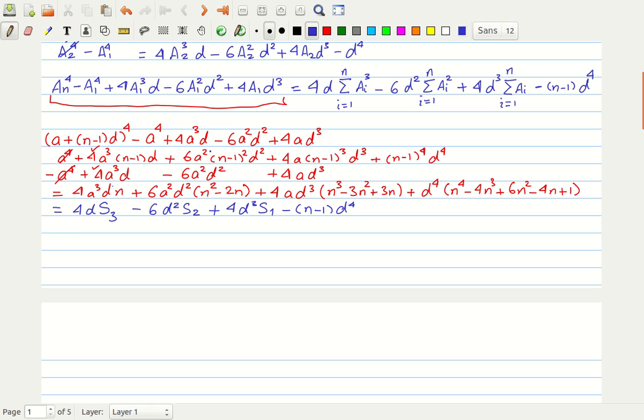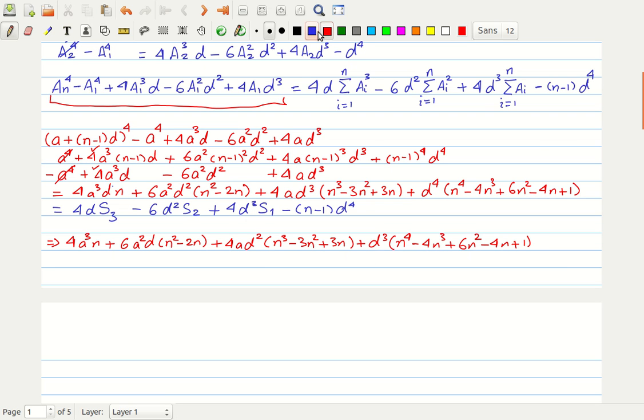So this implies that 4a cube n plus 6a square d times n square minus 2n plus 4a d square times n cube minus 3n square plus 3n plus d cube times n to the power 4 minus 4n cube plus 6n square minus 4n plus 1.